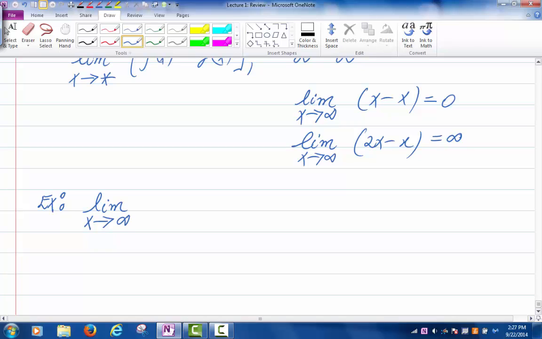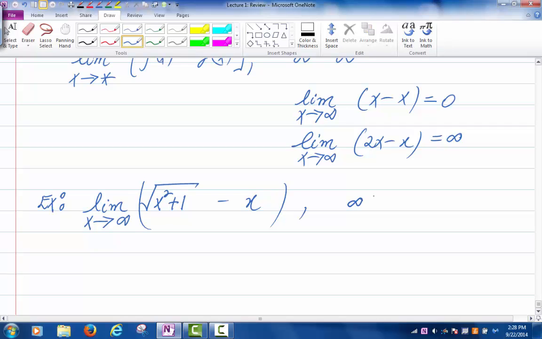All right. So here's the example: the limit of root of x squared plus 1 minus x. So this is what we have. What's the limit of the first term?